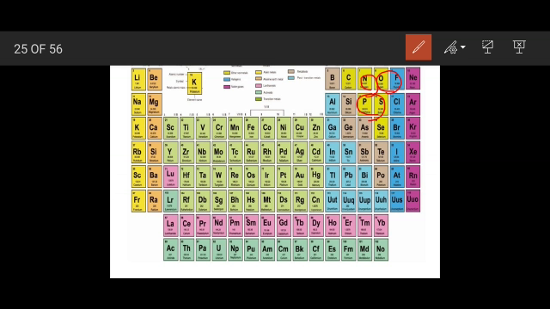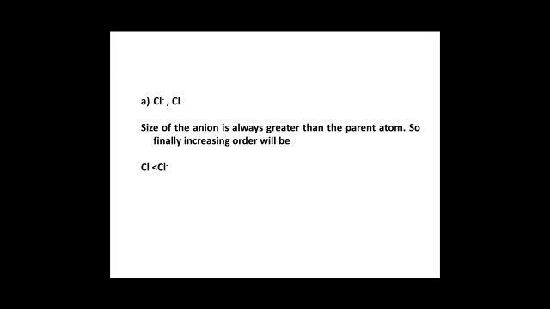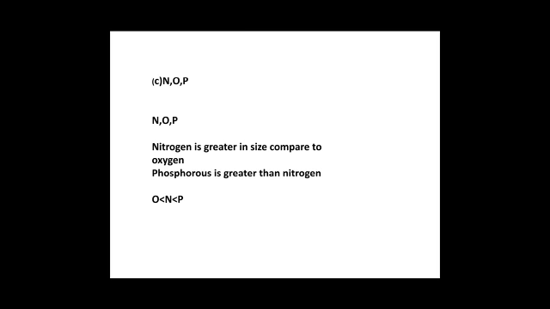But in the same period, nitrogen and oxygen, when you move from left to right, size decreases. So phosphorus will be larger compared with nitrogen, and the size of nitrogen is larger than oxygen. So the size of oxygen is smaller than nitrogen, and nitrogen is smaller than phosphorus.